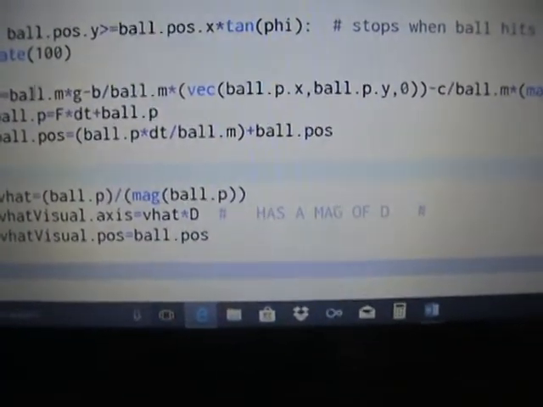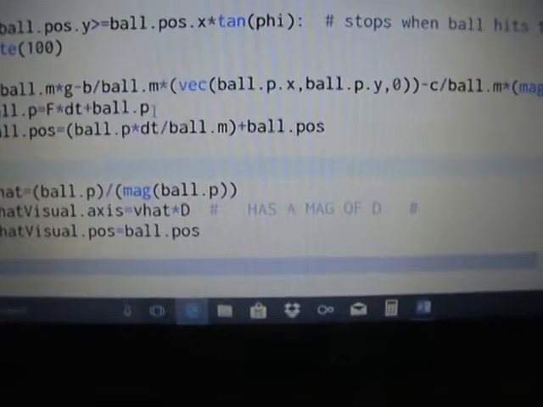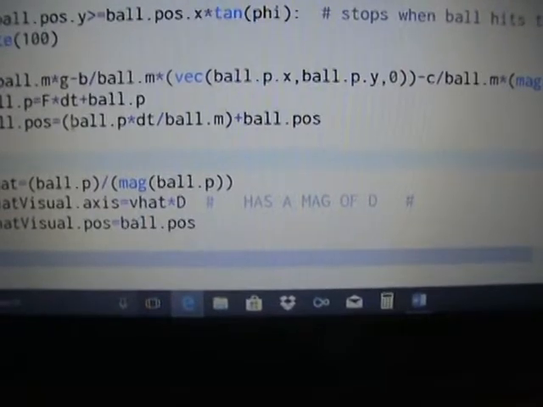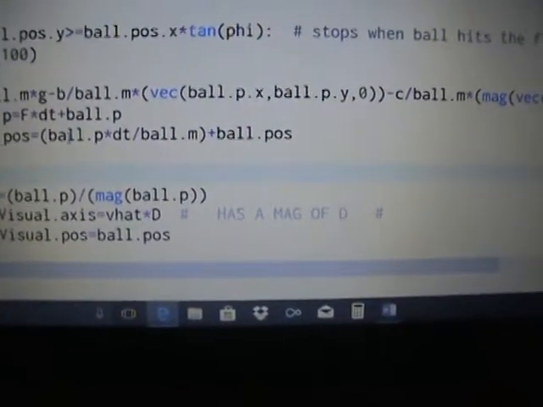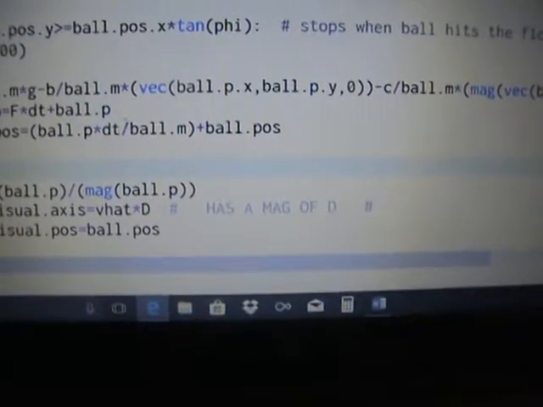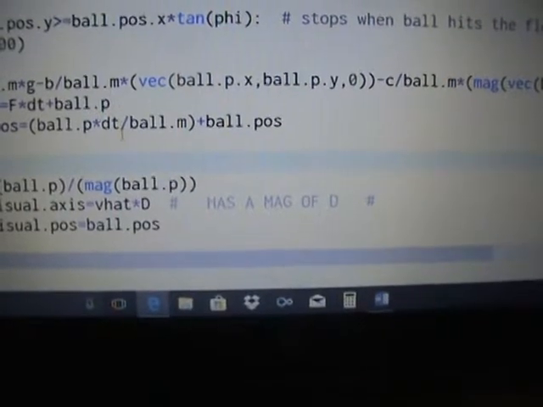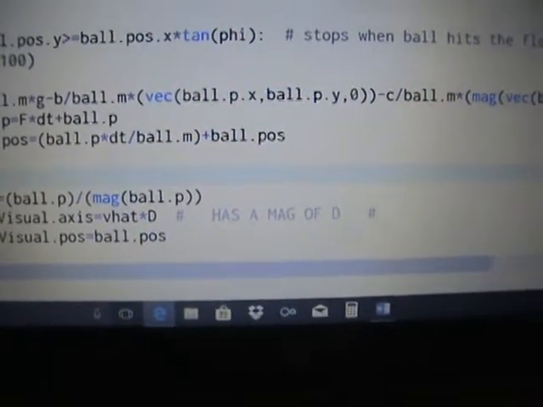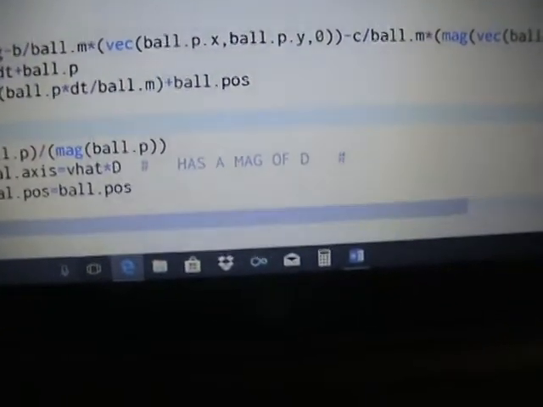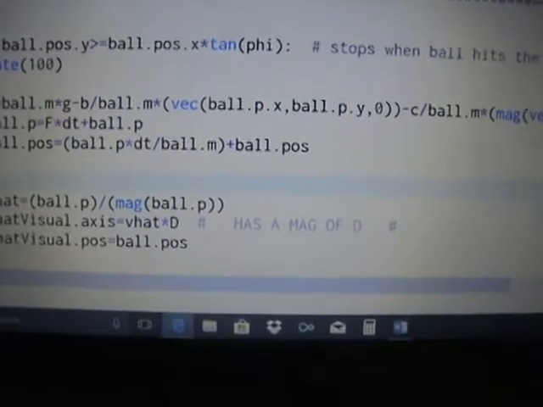So force times a change of time gets momentum plus the already existing momentum, and then I take the momentum divided by mass, which would give a velocity, and then velocity times change in time is position plus the original position. So you can see this just updates, and it calculates a small time step and then recalculates again and again and again. This is why numerical calculations are so helpful.